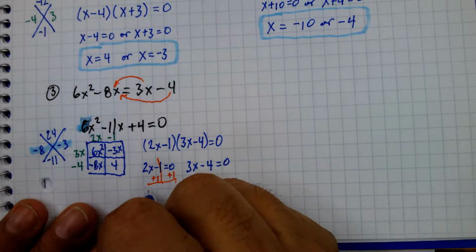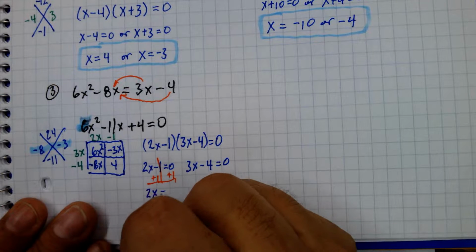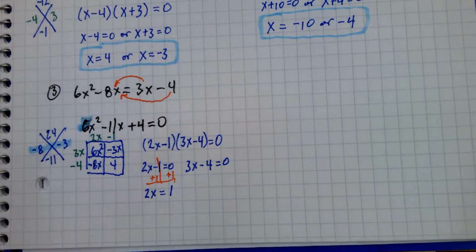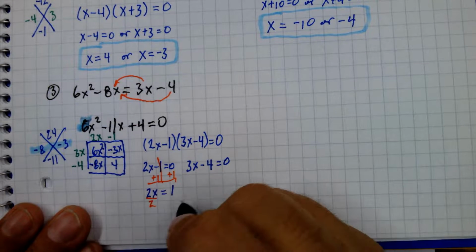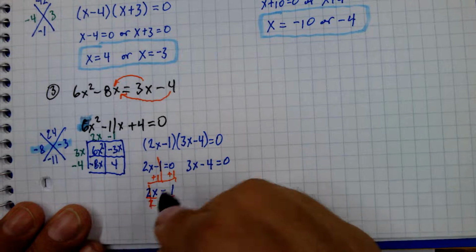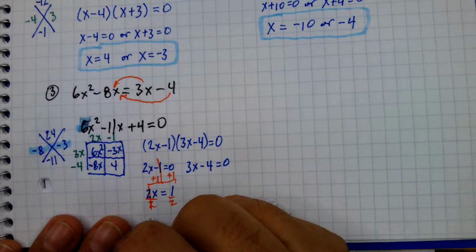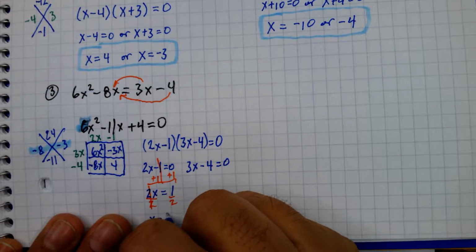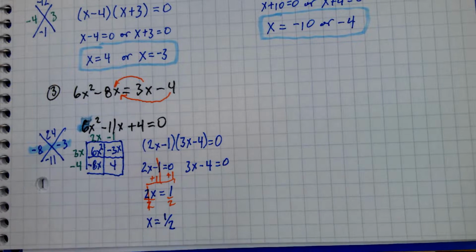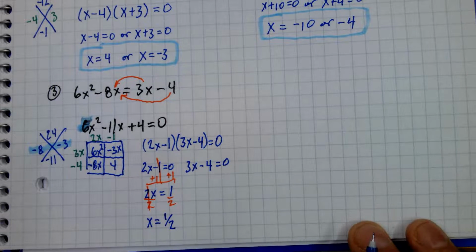We end up with 2x is 1. Divide by 2. X is 1/2. So one of our answers is 1/2.